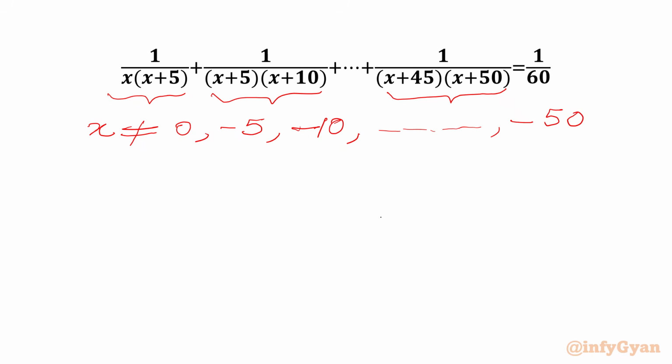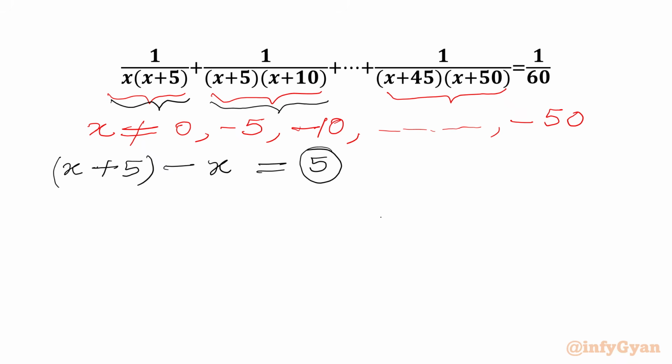Now we are going to find the difference between the product of denominator brackets. If I write here x plus 5 times x in the denominator, we'll find x plus 5 minus x. This will be equal to 5. Here we have x plus 5 times x plus 10. So x plus 10 minus x plus 5, x minus x will get over, 10 minus 5 is 5.